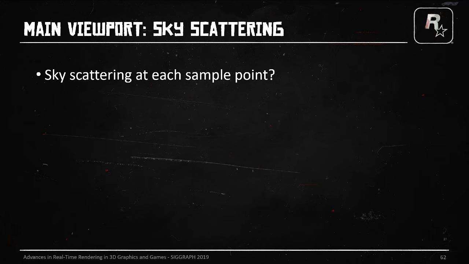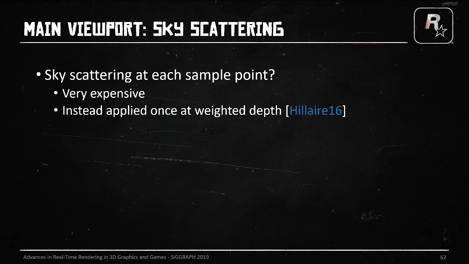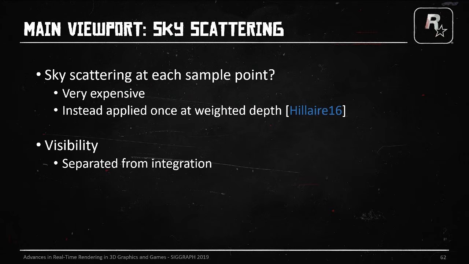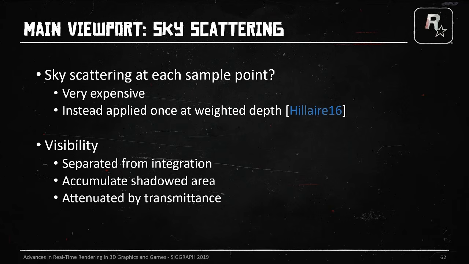Now, technically, sky scattering for the ray marching and volumetric approaches would have to be applied at each sample point that we want to generate. But this is very expensive. So we rely on the weighted depth of the ray to apply it only once and separate the visibility from the integration, which once again is technically not accurate, but yields plausible results by accumulating the shadowed area across the ray and attenuating the value with the transmittance on the ray.